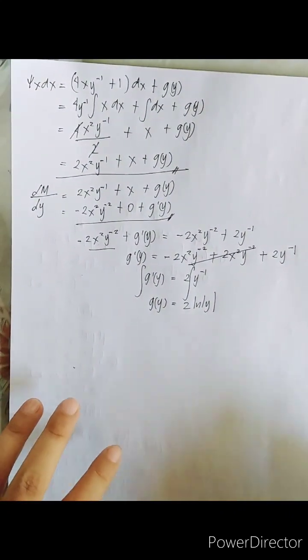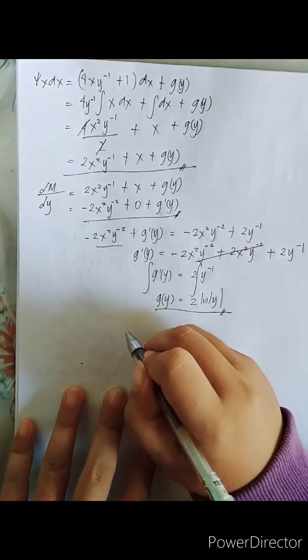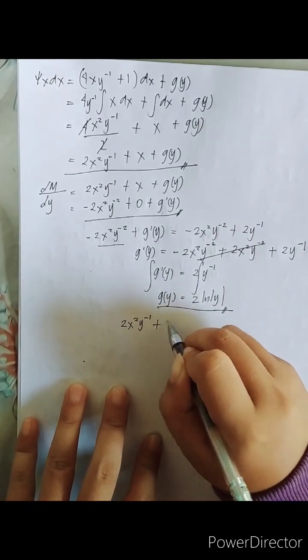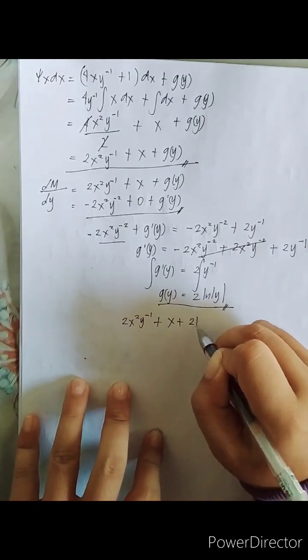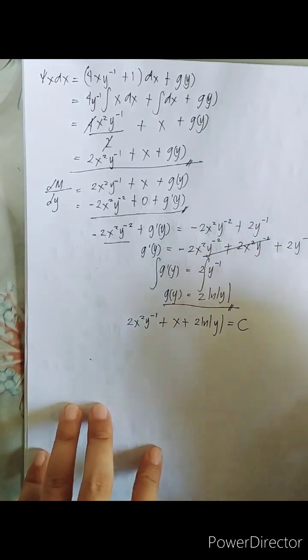Next step is to plug this g of y into our general solution, which will be 2x squared y raised to negative 1 plus x plus 2 ln y equals c.